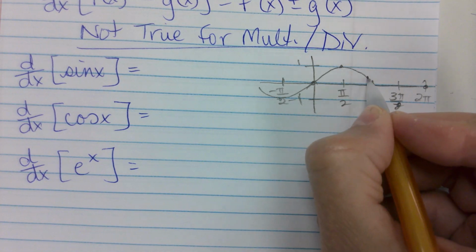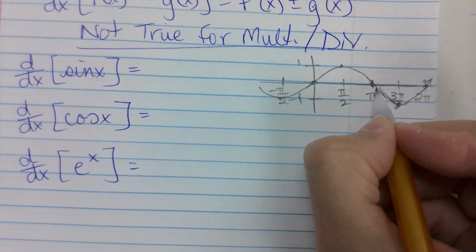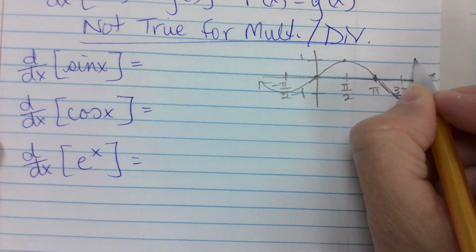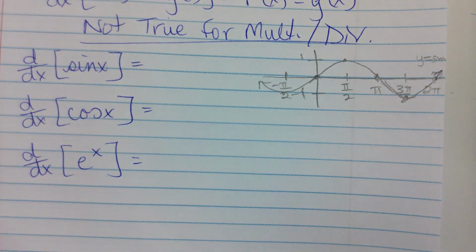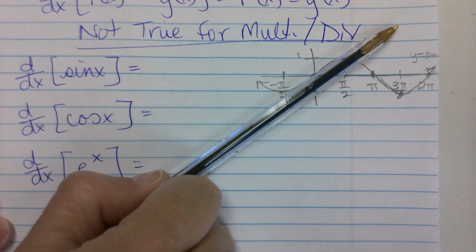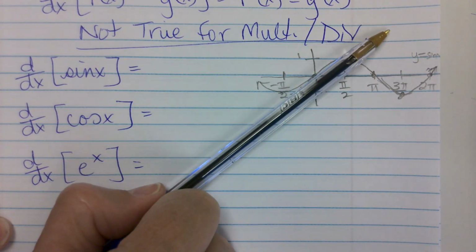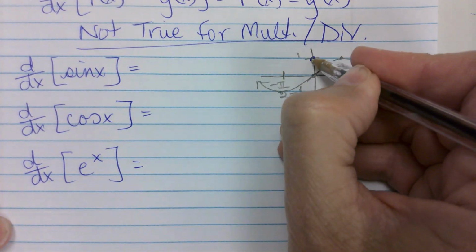Now, if we're going to plot points for the derivative, what is the slope of the tangent line? If I just use my pen, what does that look like? It is a slope of 1. I'm going to plot that point.